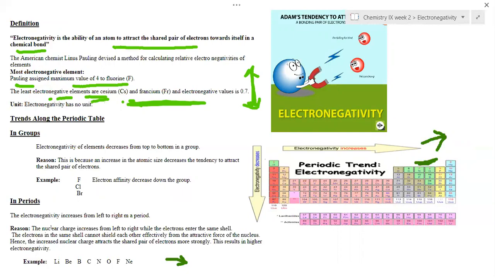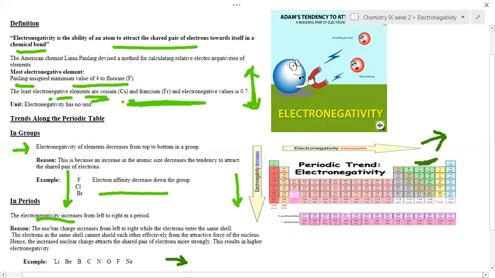Okay, the trends along the periodic table: electronegativity decreases down the group, the same trend. See the examples: fluorine, chlorine, bromine. Electronegativity decreases down the group, whereas electronegativity increases from left to right. Here you can see an illustration that helps.